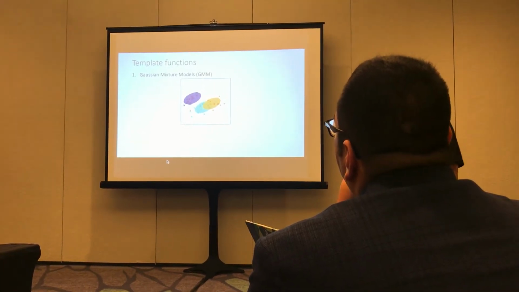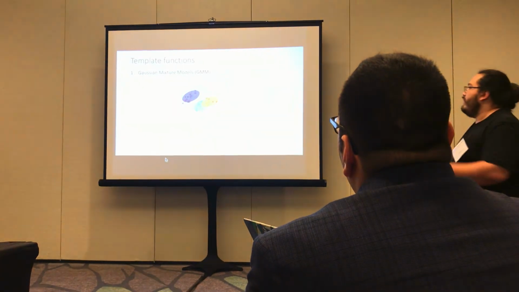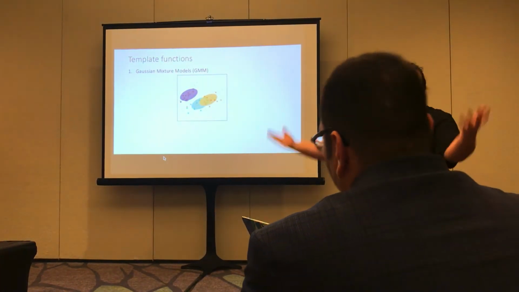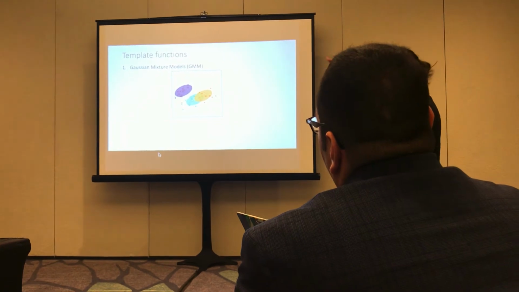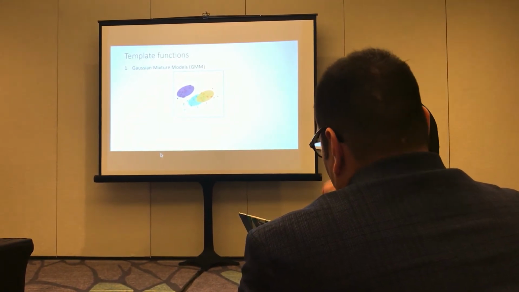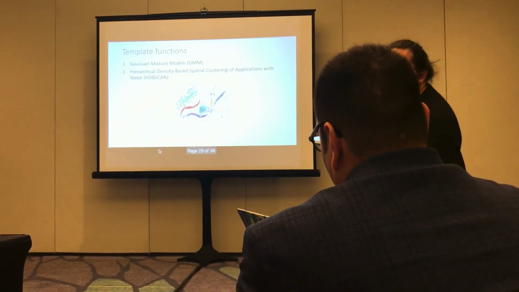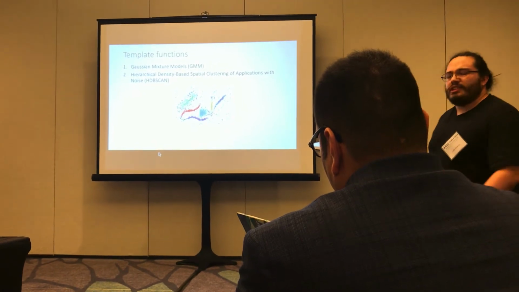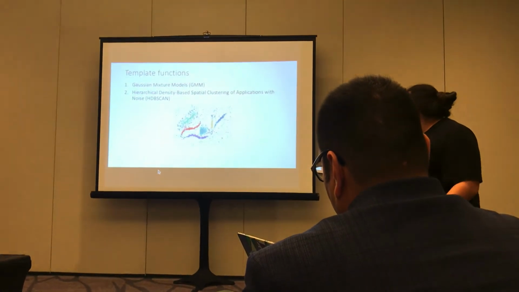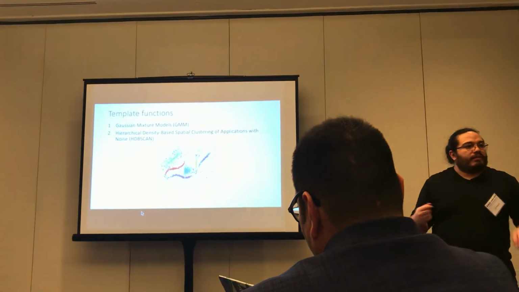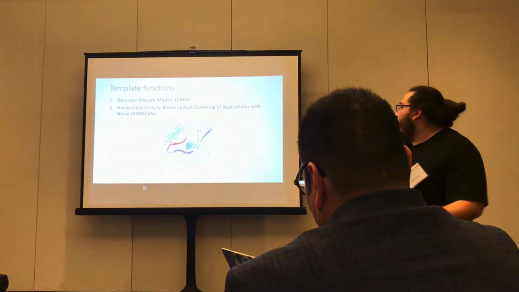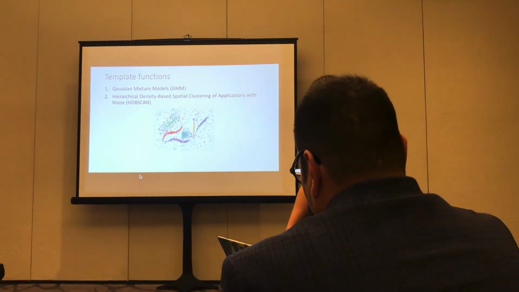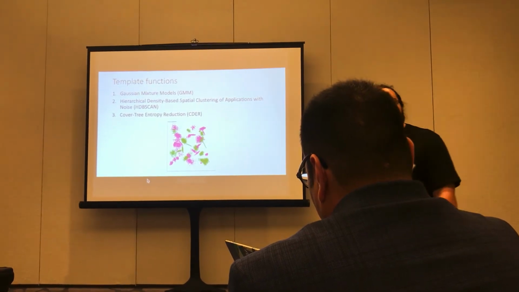We took different approaches. The first approach is Gaussian mixture models, which is a standard procedure to fit Gaussian domains to a dataset. What if we try HDBSCAN, which is a density-based approach that's robust to outliers, to find the regions? And then we use CEDAR.